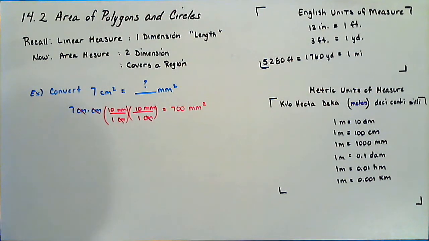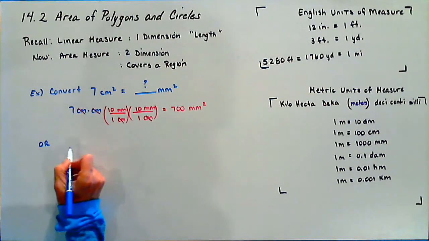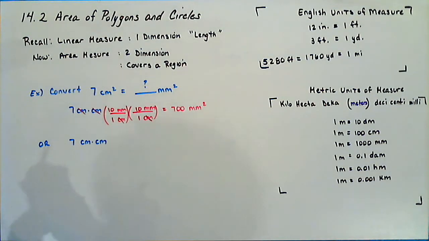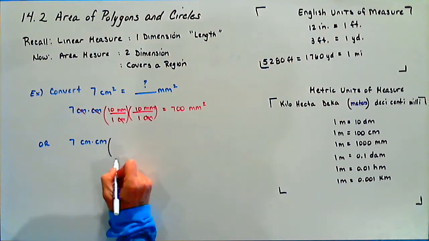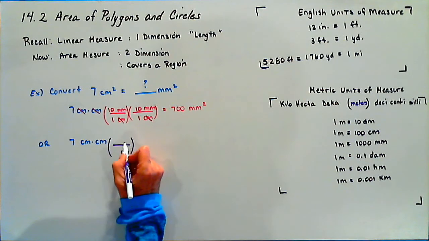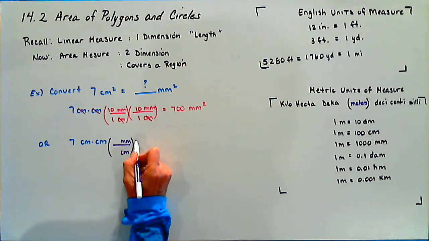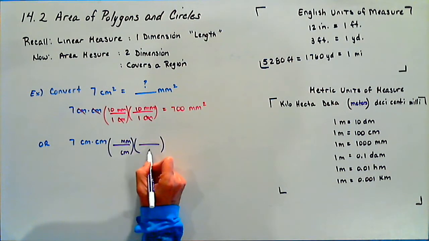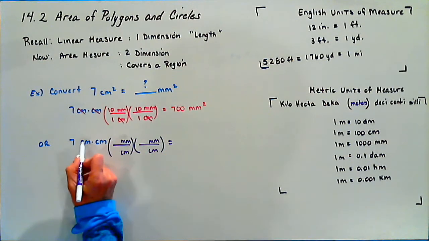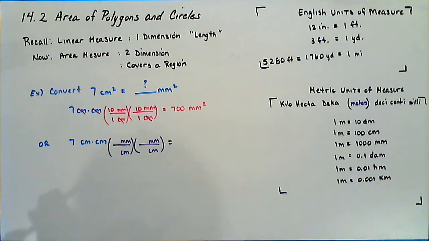Actually, let's do this. Let's see what would happen if we set this up as 7 centimeters times centimeters. And we said, okay, I know I still need centimeters in the denominator to reduce, and I know I still need millimeters in the numerator to reduce. So I can see here that that's going to reduce out.